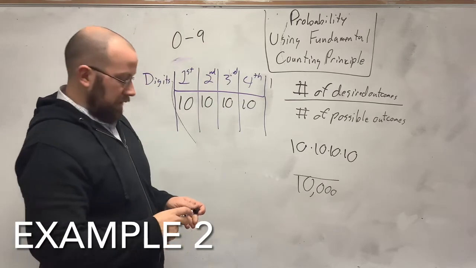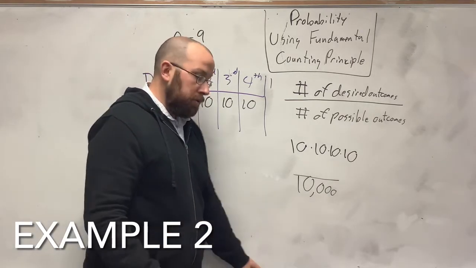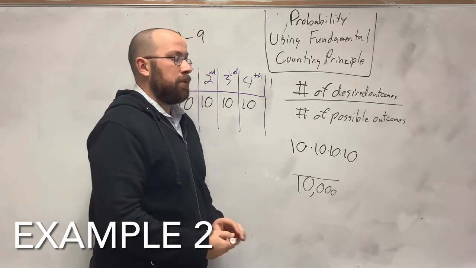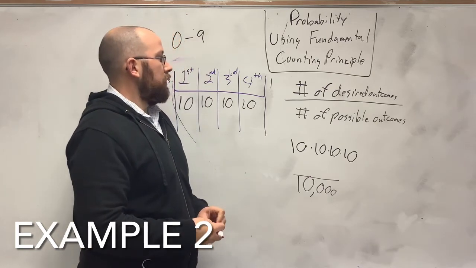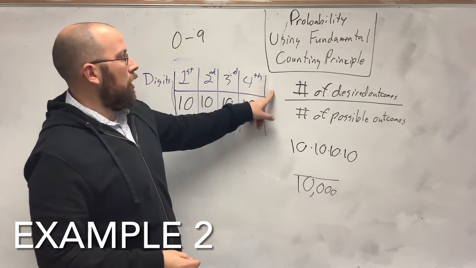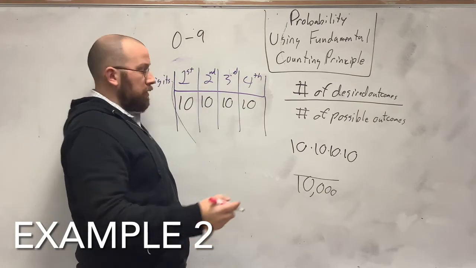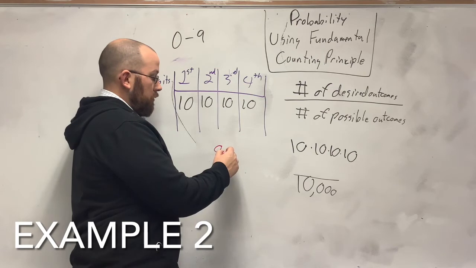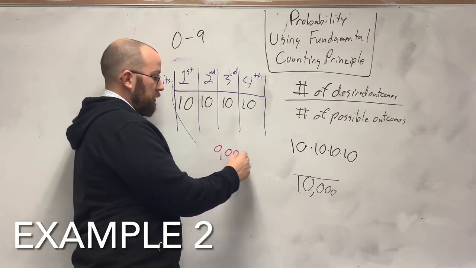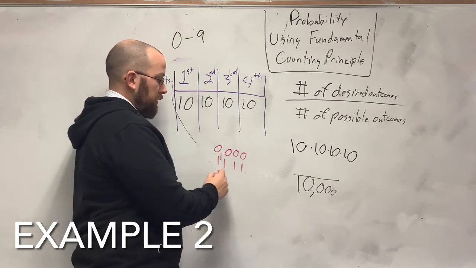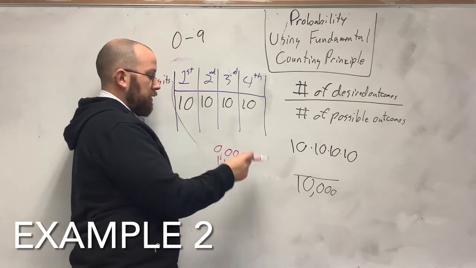10,000 different choices here. Now I want to know the probability of them all being identical, like 0000, 1111, 2222, and so on.